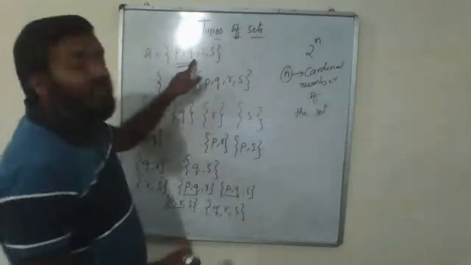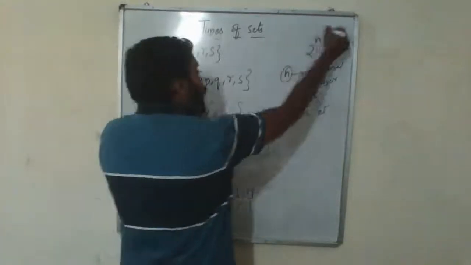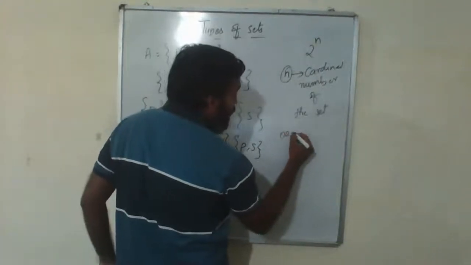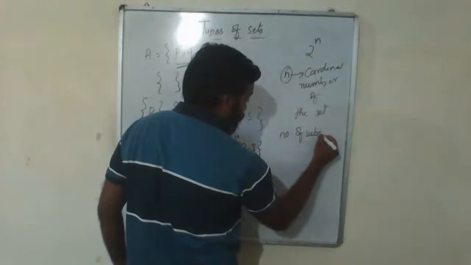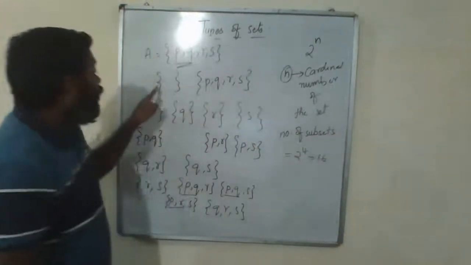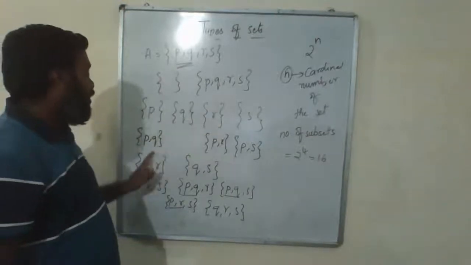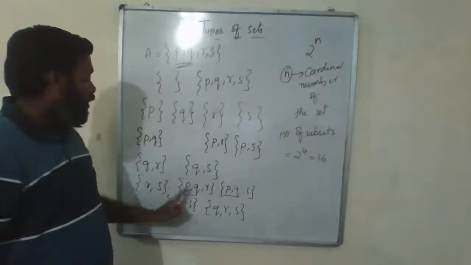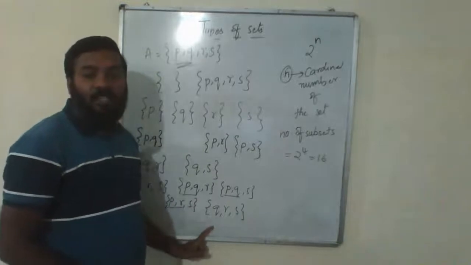Here the cardinal number of the set is 4. That means the number of subsets is 2 power 4, that is 16.